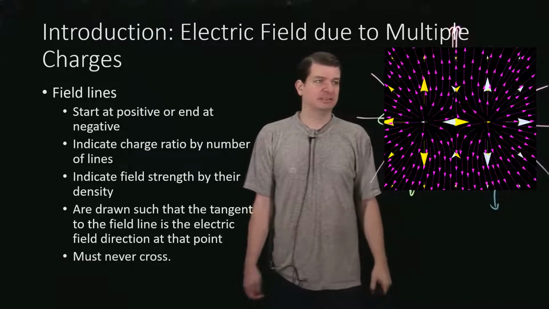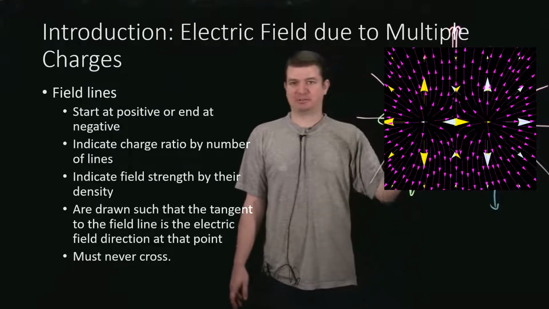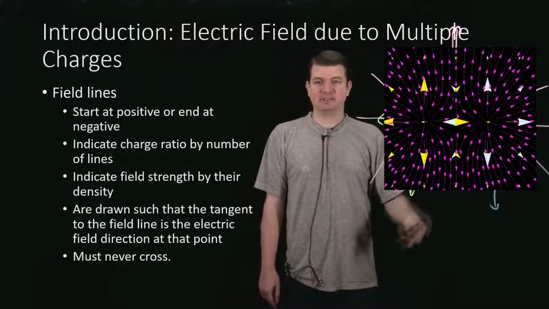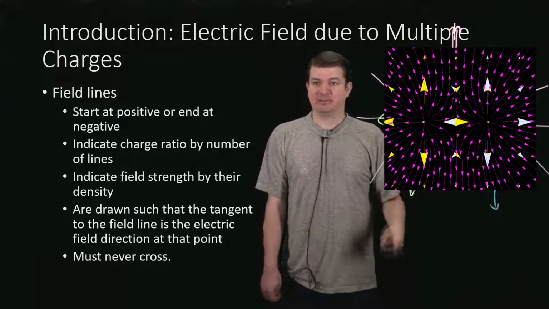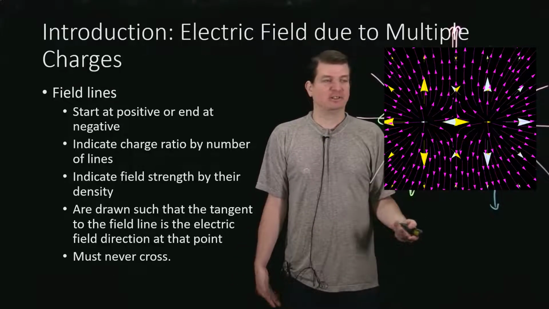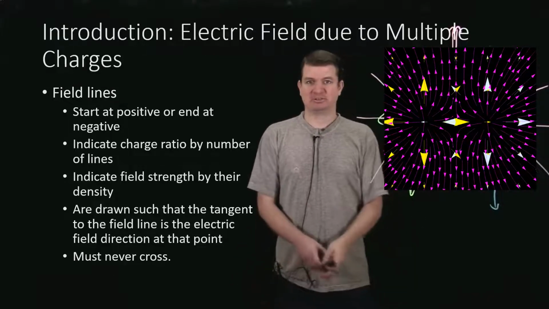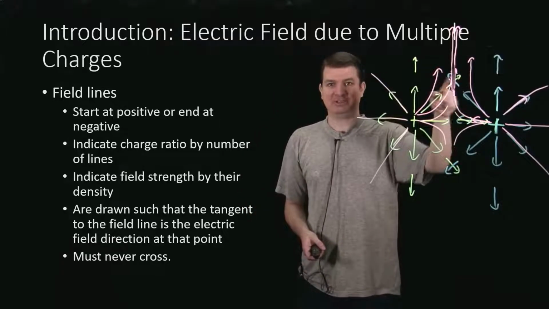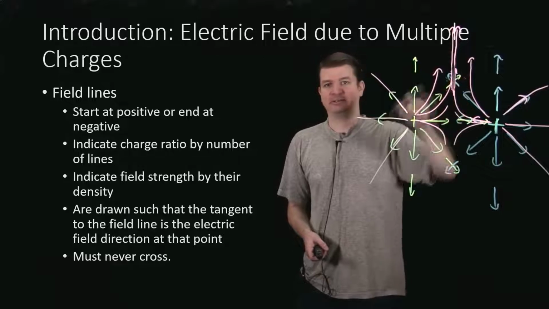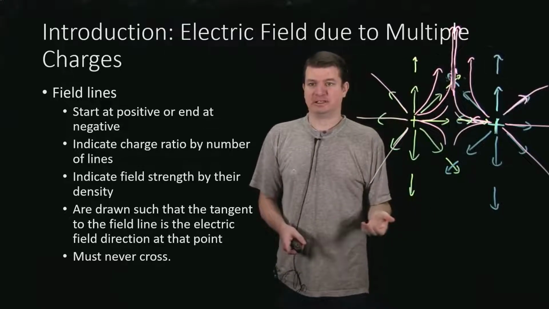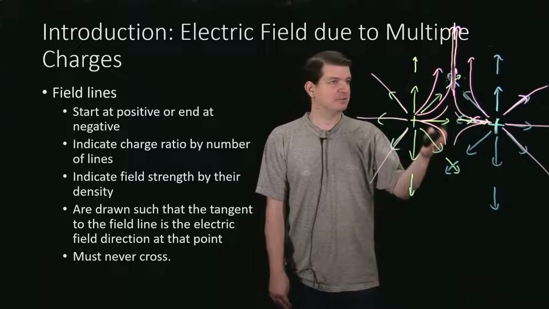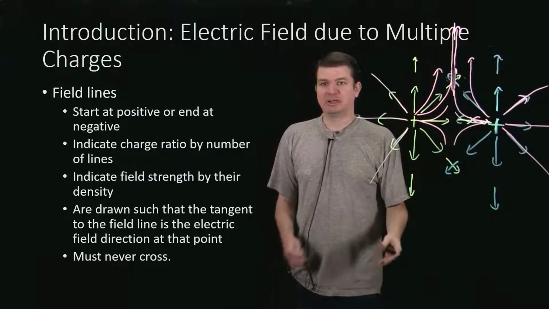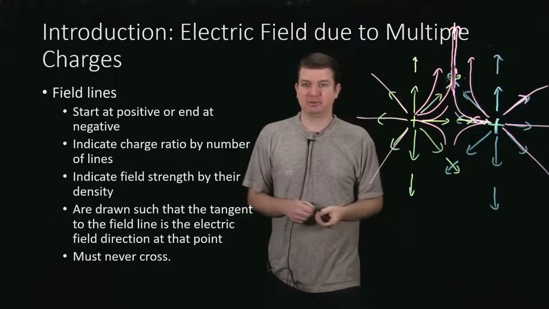And notice what I was trying to do in my drawing and what I've done correctly in this nice diagram is that the field lines can never cross. If they were to cross, what would that mean? Well, if we go back to our original drawing, you can see here the individual vectors from the field, so the blue vector and the yellow vector, those certainly cross, that's clear. When we add those things as vectors, that results in one net direction. We cannot possibly end up with two net directions.